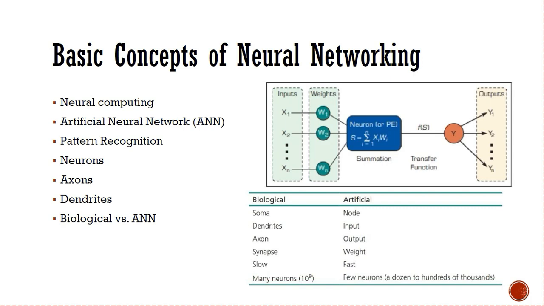Neural computing refers to the pattern recognition methodology used in machine learning. Neural networks have been used in many applications for pattern recognition, forecasting, prediction, and classification. Neural network computing is a key component of any data science and business analytics toolkit.